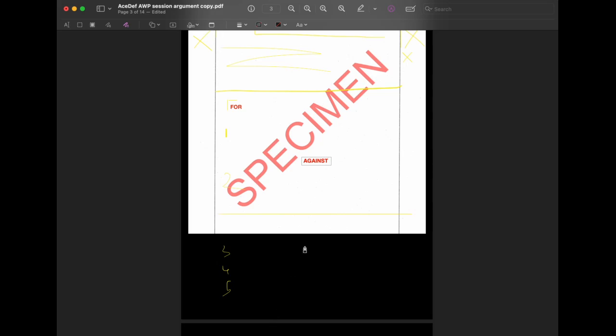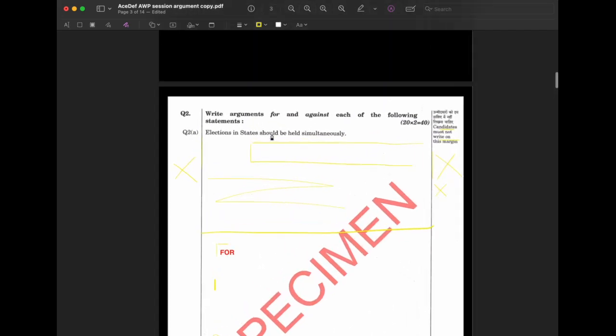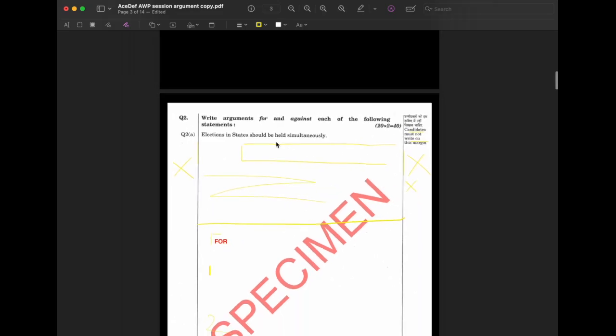Then on the third page you can write against 2, 3, 4, 5, whatever you have, and you can maybe end with a conclusion, maybe not, depending on the time you have and the space you have filled up. I will discuss this in depth.